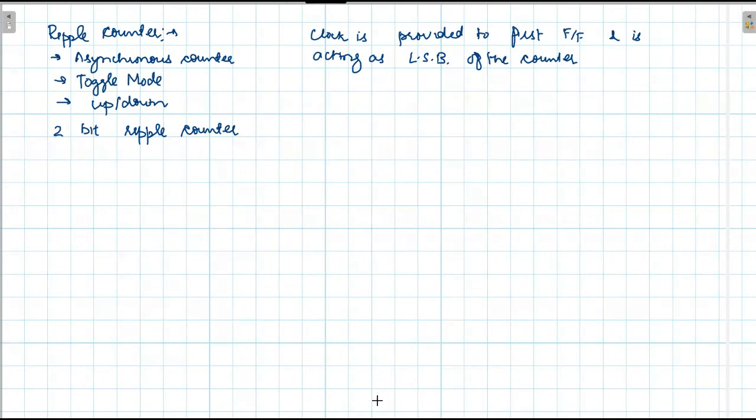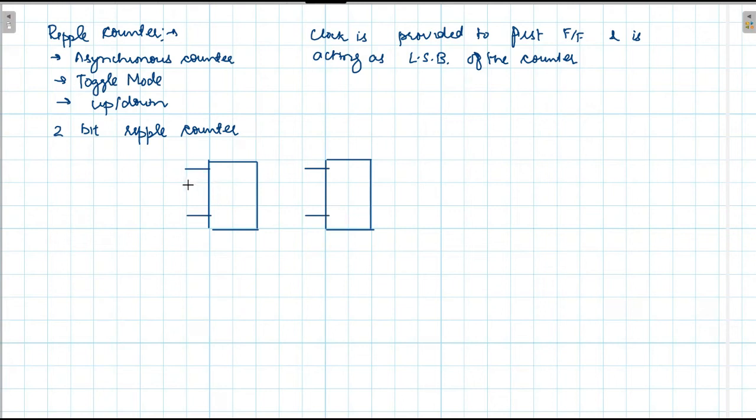First of all, for a 2-bit ripple counter you need 2 JK flip flops, so these are the 2 JK flip flops and 2 inputs are there for them.